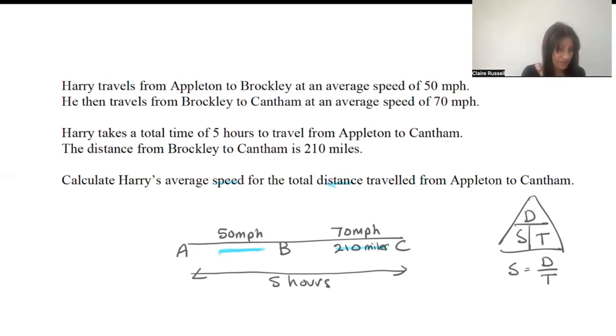So I am going to start off by working out how long this part of the journey took. I need 2 pieces of information to find the third. And over here, I just don't have enough information to actually find this. So that's going to be my first job. I have got my speed and I've got my distance. Okay.